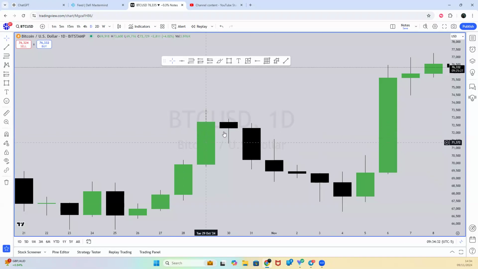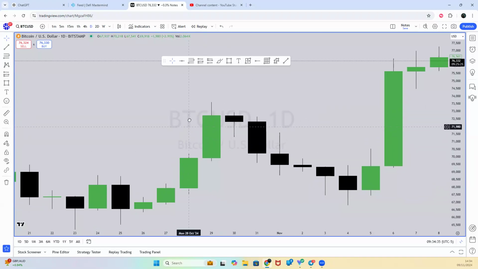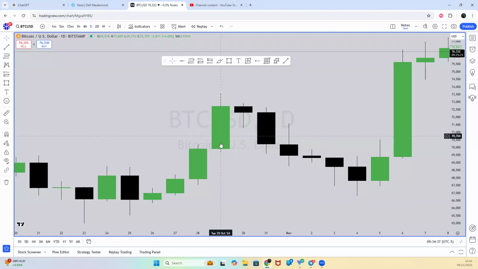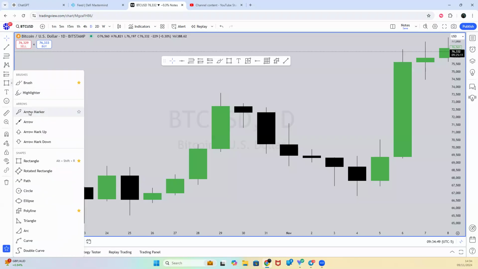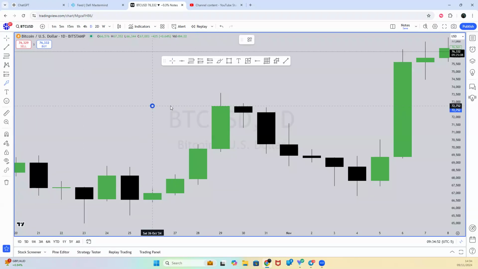So if we look at this candle that we've got in the middle of the screen, the big green candle here, this is a bullish candle because of the close price, which is indicated, let me find my arrow. This here is the close price.